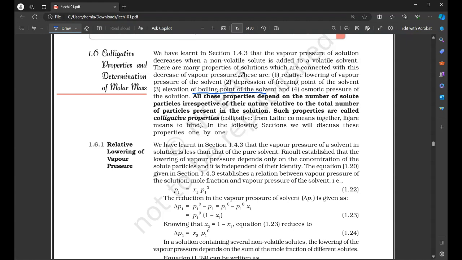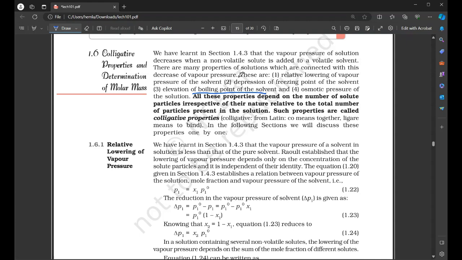Okay, relative lowering of vapor pressure. We have learned in section 1.4.3 that the vapor pressure of solvent in solution is less than that of pure solvent. Raoult established that the lowering of vapor pressure depends only on the concentration of solute particles and is independent of their identity.